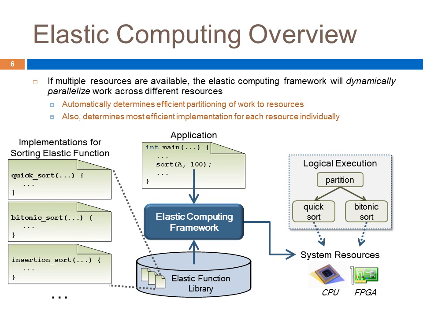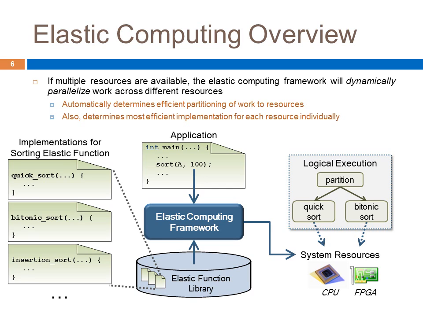So let's extend the previous example to a situation where we now have both a CPU and an FPGA available, in which case, when the sort function is called by the application, the elastic computing framework is now going to partition the input into two sets so that we have two parallel sorts, one for each available resource. It's then going to select an appropriate implementation for each resource.